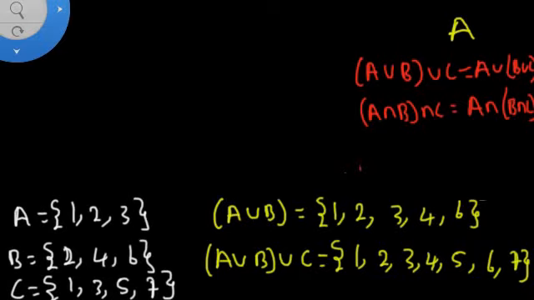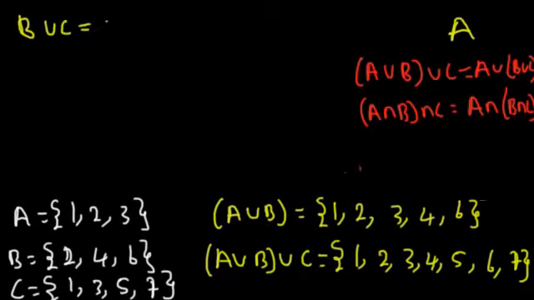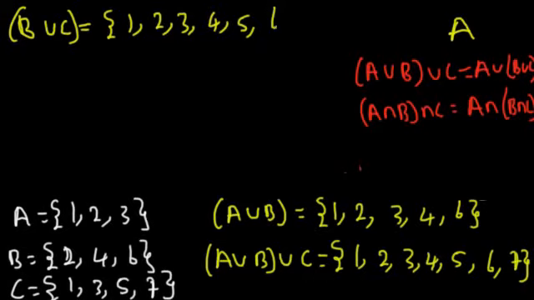So we need to find B union C. B union C will be 1, 2, 3, 4, 5, 6, 7.